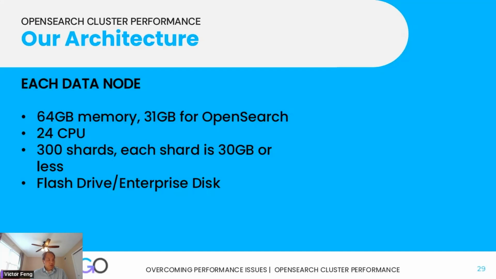For OpenSearch or Elasticsearch previously, the maximum heap memory you can give is 32 gigabytes. If you give more than that, it will not help with the performance. Actually, it will deteriorate the performance.